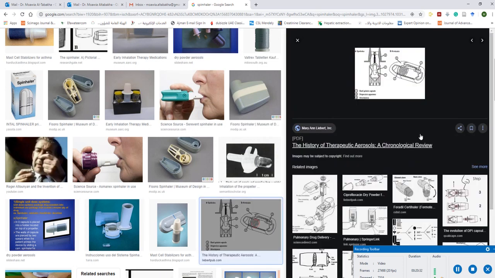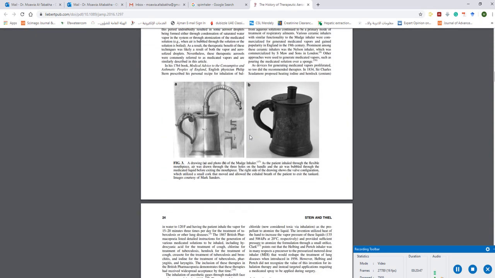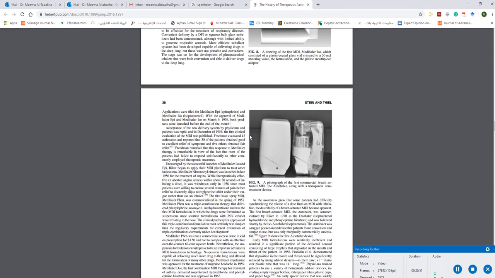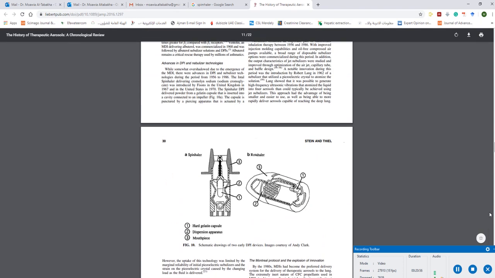This is a diagram of the rotahaler along with the spinhaler, and both of them use a capsule in the formulation. You see the device here.